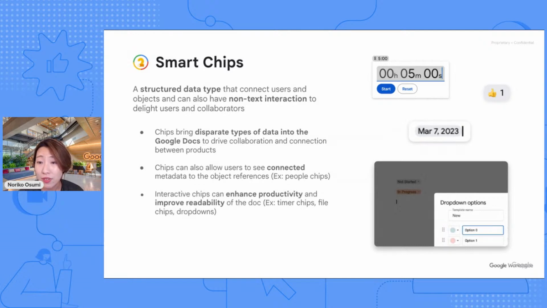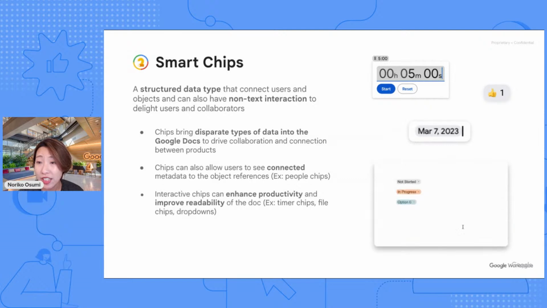So going back to what I mentioned earlier on the evolution of how users are using documents, you cannot interact necessarily with a piece of paper, but you can very much interact with a digital canvas.